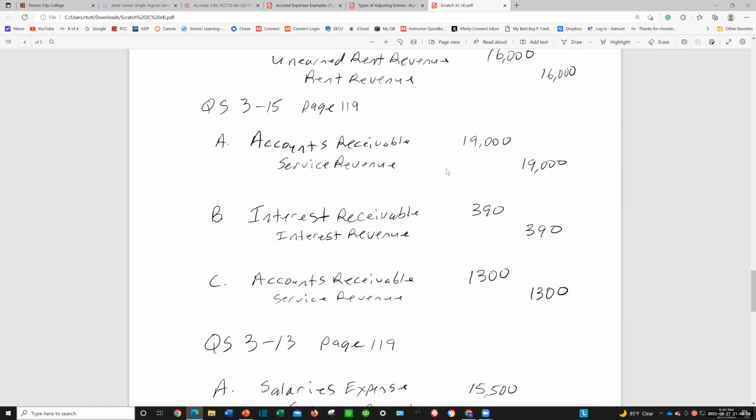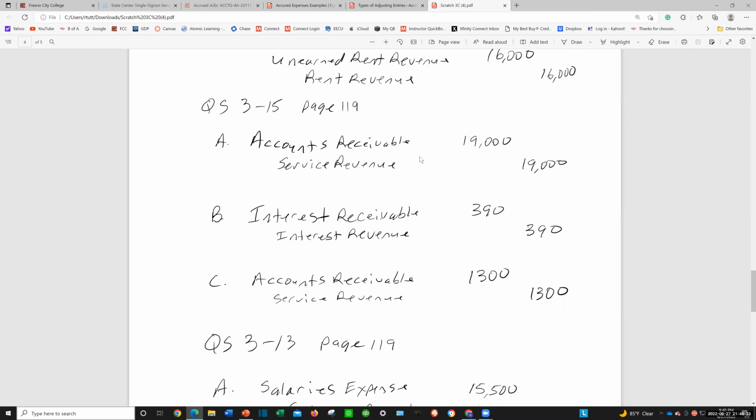So we're going to credit the revenue. Now, we haven't even billed them yet, so we didn't receive any cash. So what we do is we take it to accounts receivable, because now we own the right to receive that money because we earned it.